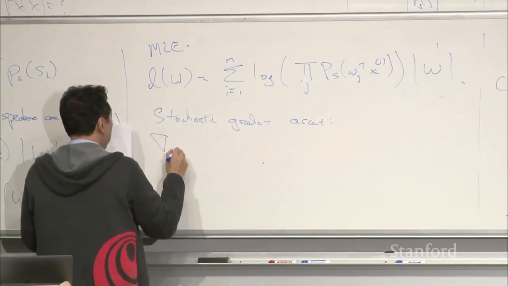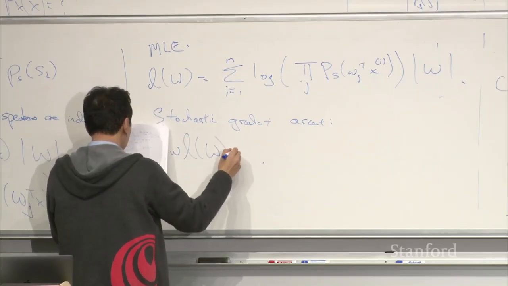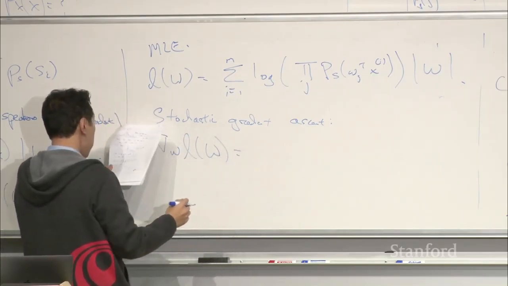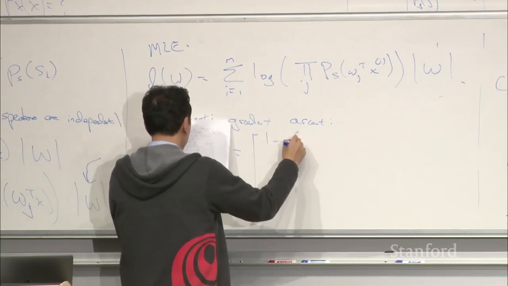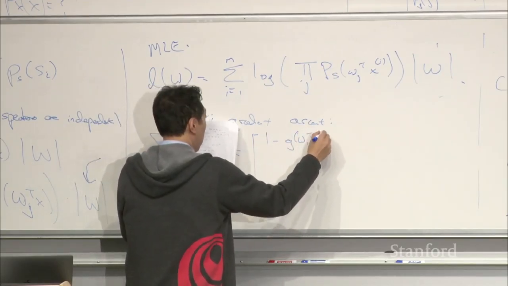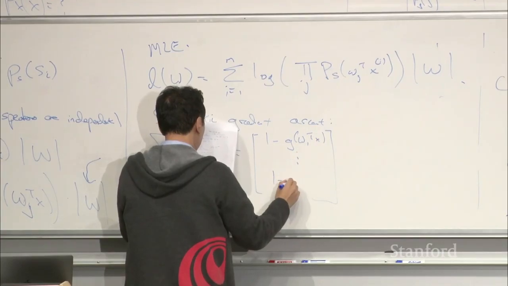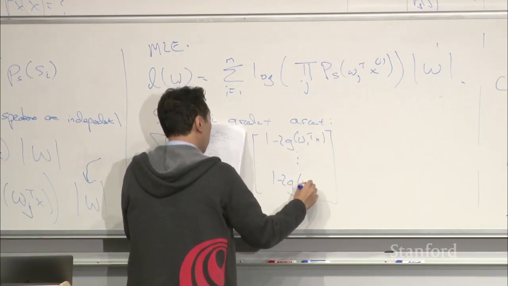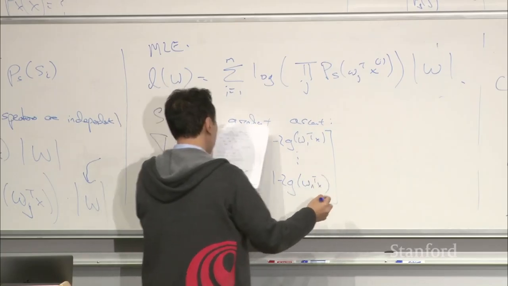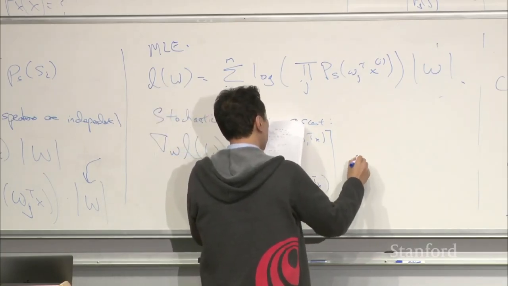Take the derivative of the log likelihood with respect to W. It turns out this is derived in the lecture notes. I'll just write it out here, times x i.